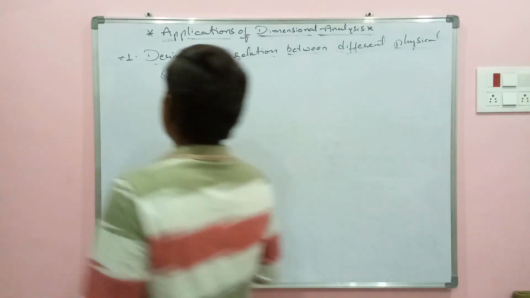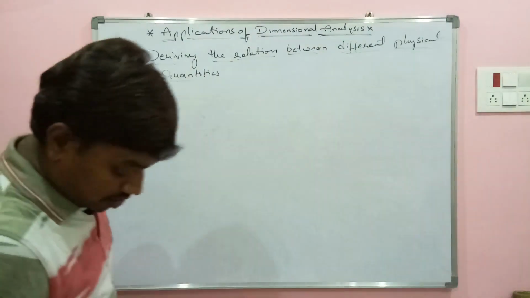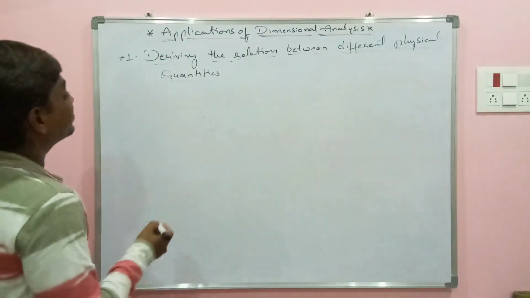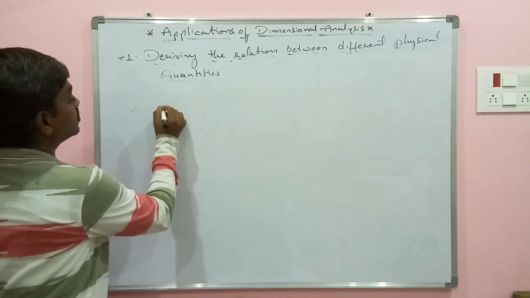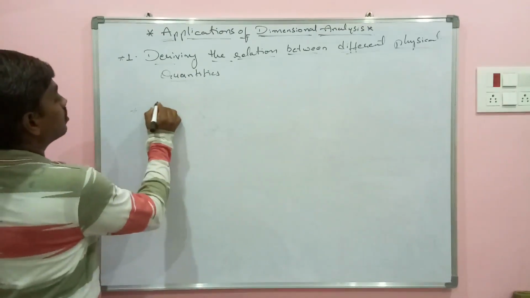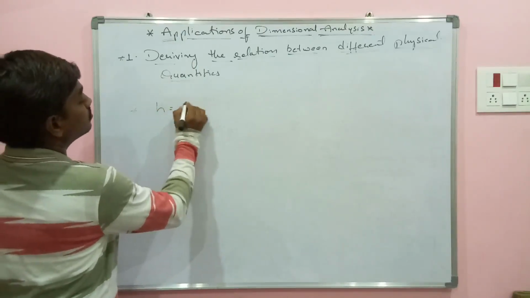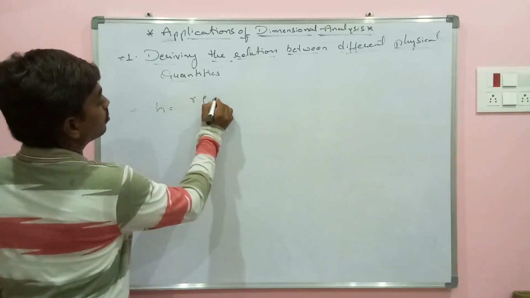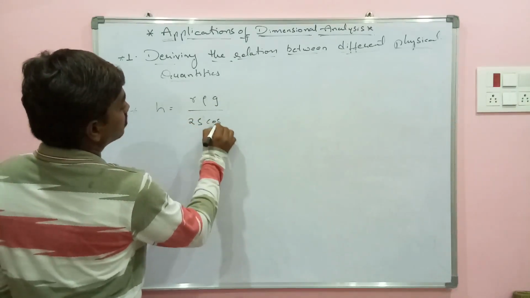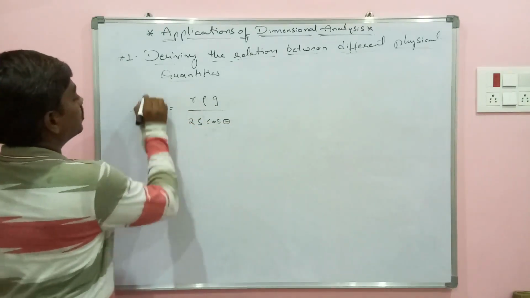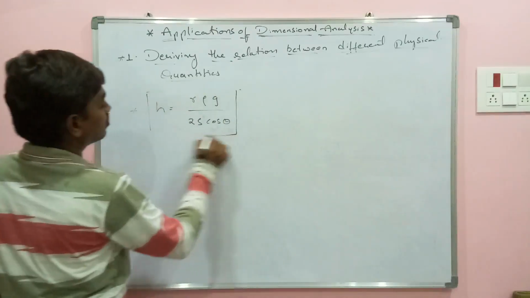So the third one, I am leaving this particular equation for you to check whether it is right or wrong. Let me write on the board, where h is equal to r rho g by 2S cos theta. Check whether this equation is right or wrong.